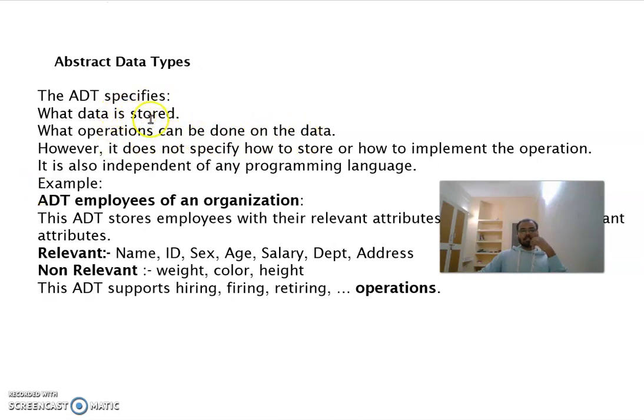This stored data is also used to operate on the data on the computer. However, it does not specify how to store the data or how to implement the operations. It is also independent of any programming language. We can use any machine language or something like that. So it's independent of programming language.